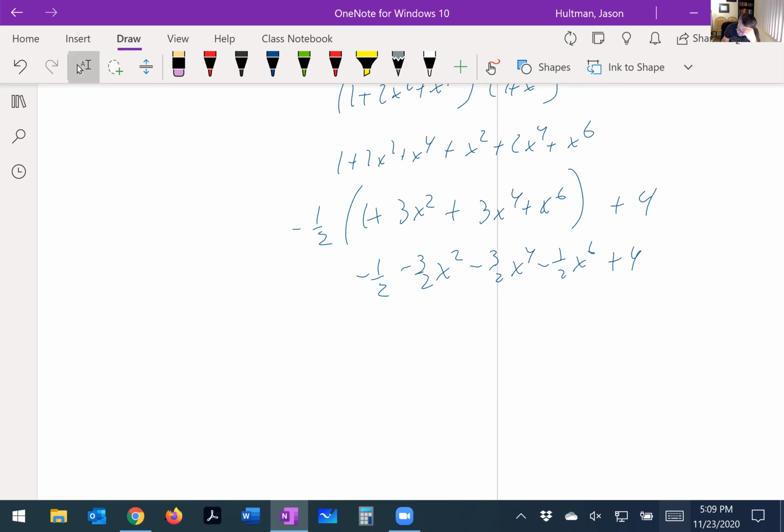Let me put this in descending order. Negative 1/2 x to the 6th minus 3/2 x to the 4th minus 3/2 x squared plus 7/2. And we still want to integrate this from negative 1 to 1 dx.